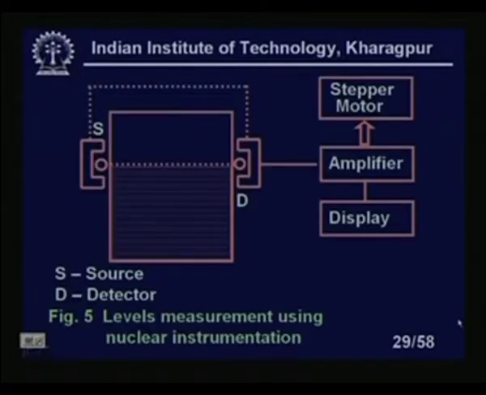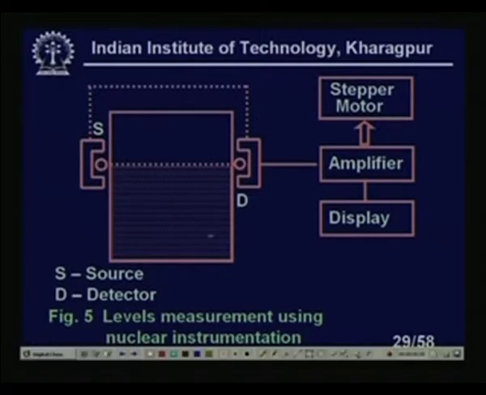So, the basic principle is something like this. This stepper, this source and detector will be initially at the bottom here. Okay. So, it will move up. How will it move?